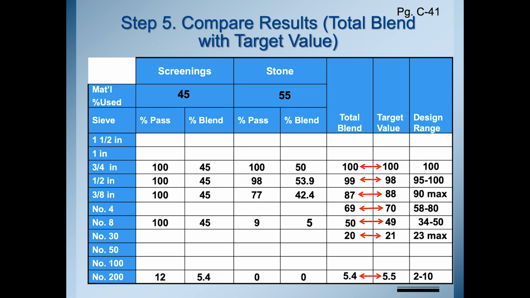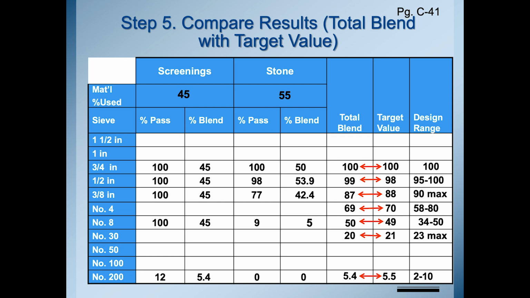Now we do the same thing as we did before, and we compare the total blend to the target value on each and every one of those sieves. If we go down those sieves, we'll see that on the 1/2 inch sieve we had a target of 98. Our total blend achieved a 99, so we're very close there. Skipping on down to the number 4, we had a target value of 70.